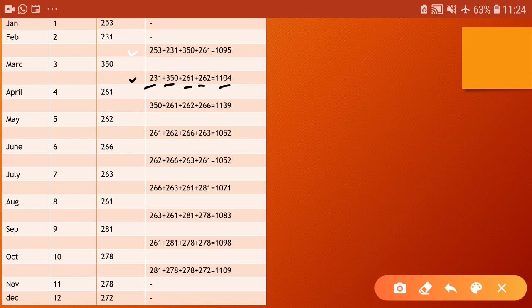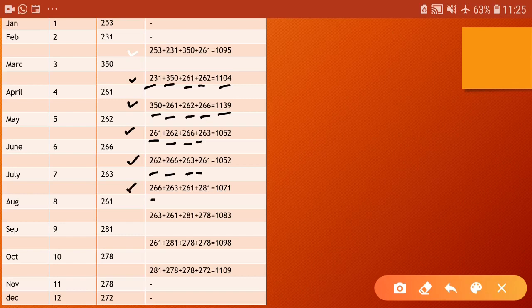In the same way, between April and May, 2 up, 350, 261 and 2 down, 262 and 266. Between May and June, 2 up, 261, 262 and 2 down, 266 and 263. Between June and July, 262, 266, 263 and 261.